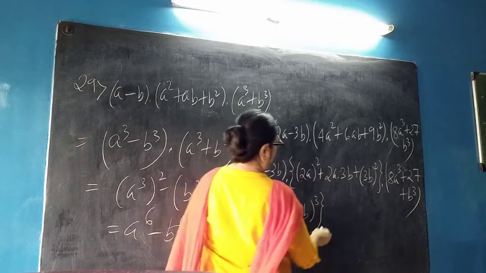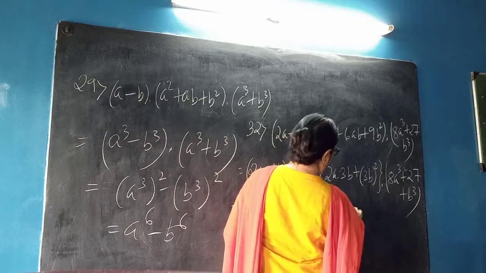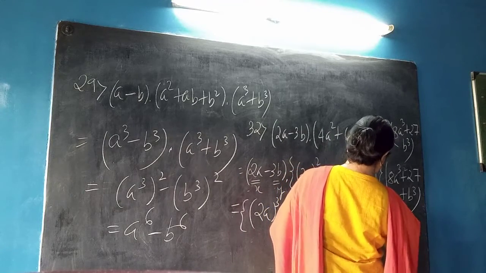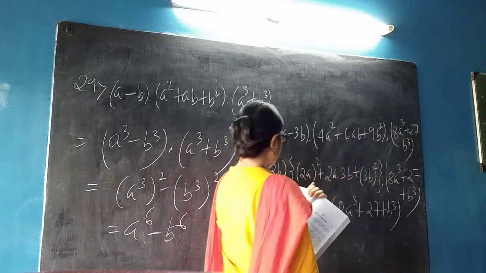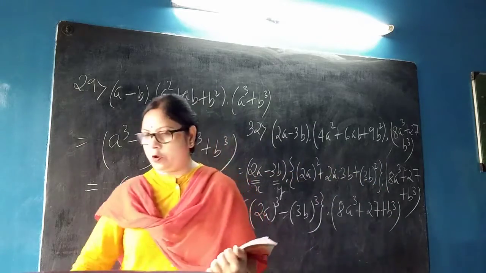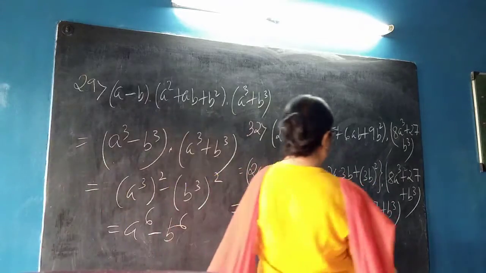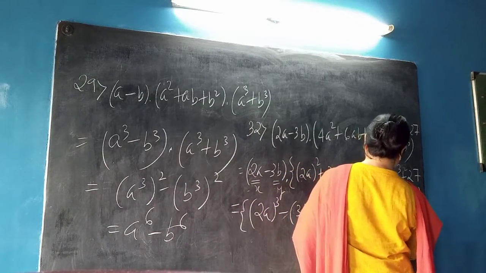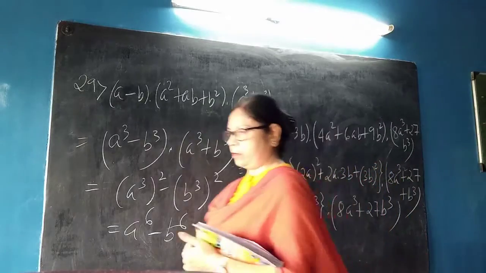Here and this portion 8a cube plus 27b cube, not plus. This.